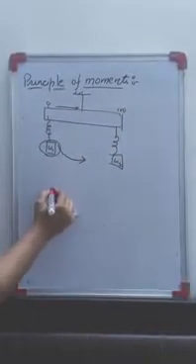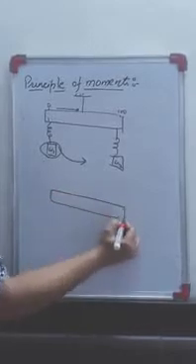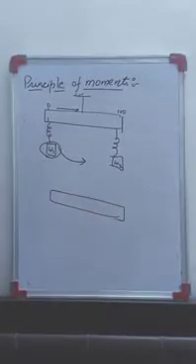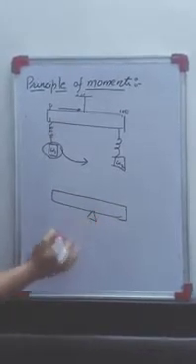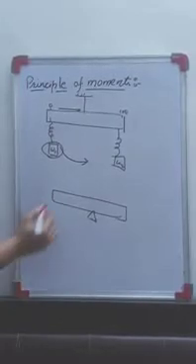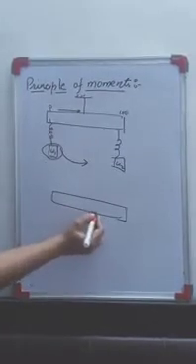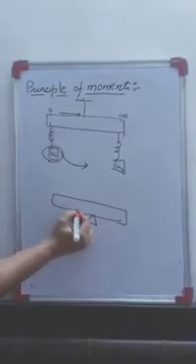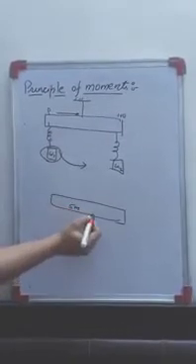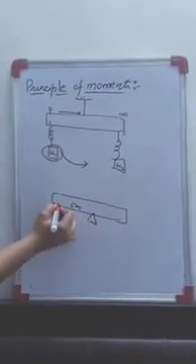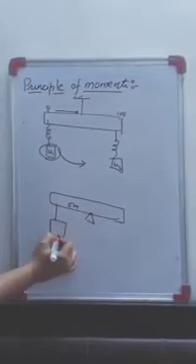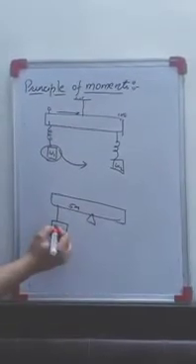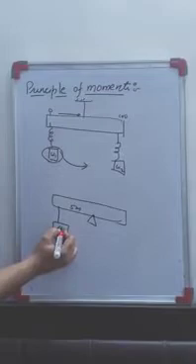For example, say a seesaw is balanced at the center. Over here, at a distance of 5 meter from the pivot point, a person is sitting with a weight of, for example, 6 kg.